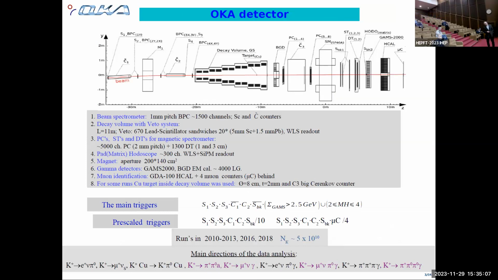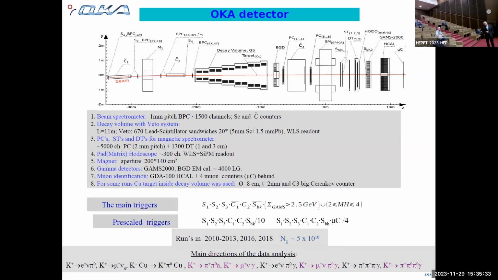It has about 10 meters length. The decay volume has a guard system to veto high angle particles. Then there is a magnetic spectrometer for charged decay products.